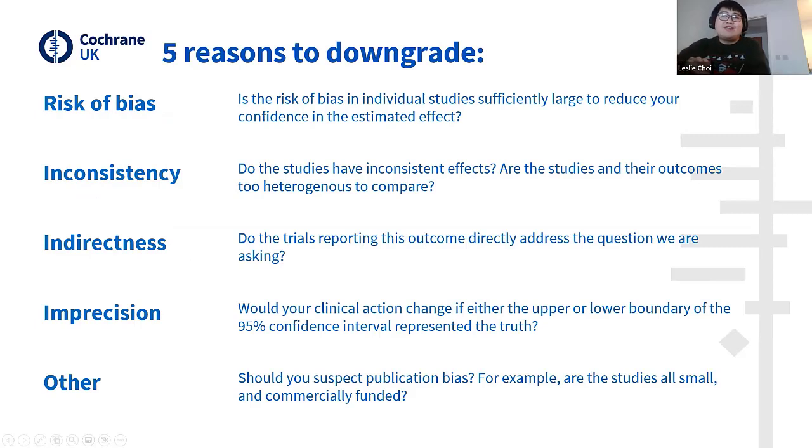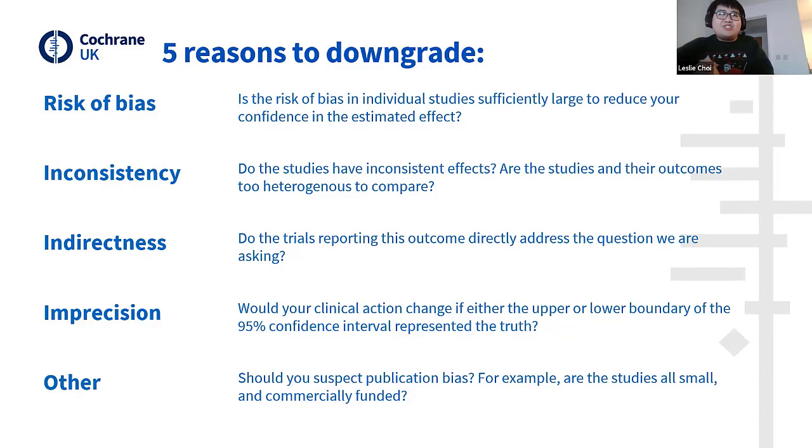As we all know, there are five reasons to downgrade within GRADE. Four main domains that we commonly see in all Cochrane systematic reviews dealing with interventions: risk of bias, inconsistency, indirectness, and imprecision, and one other, depending on the number of trials and whether we can accurately assess publication bias. So what do we mean by inconsistency?